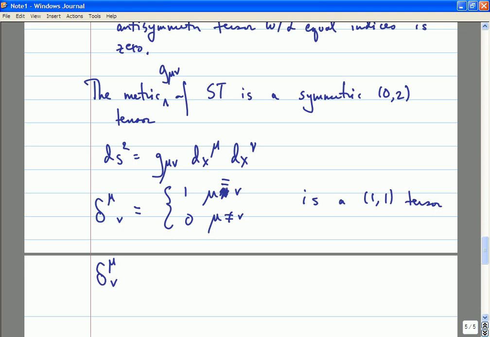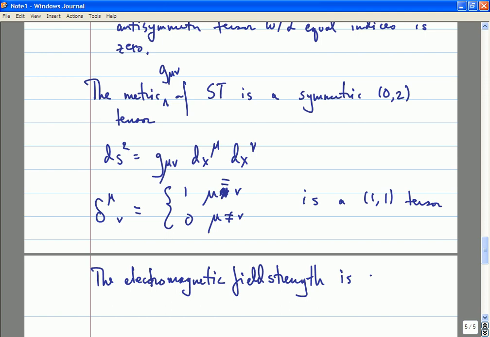What's another example of a tensor? The electromagnetic field strength. You've probably encountered this in your class on EM waves. That is an antisymmetric (0,2) tensor, which is usually denoted F mu nu.